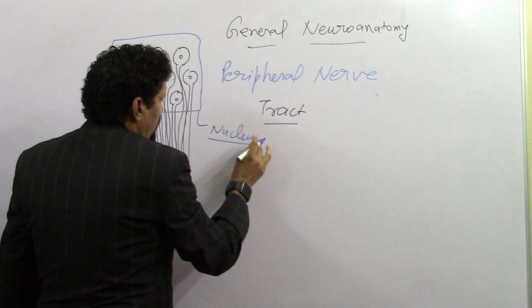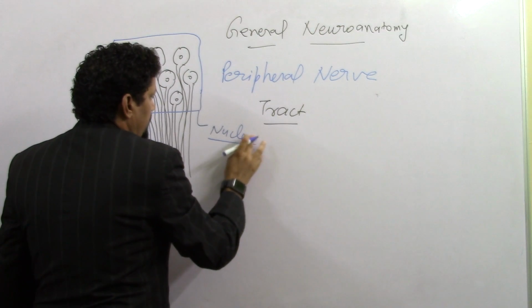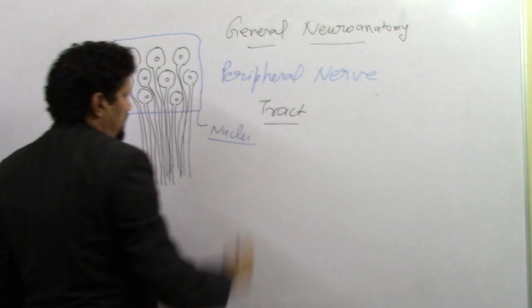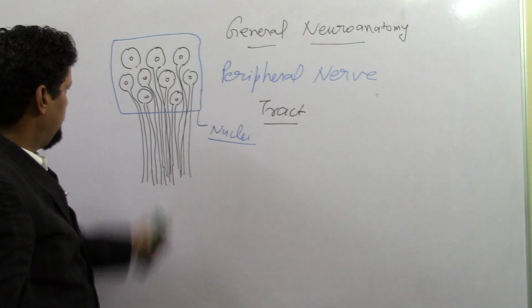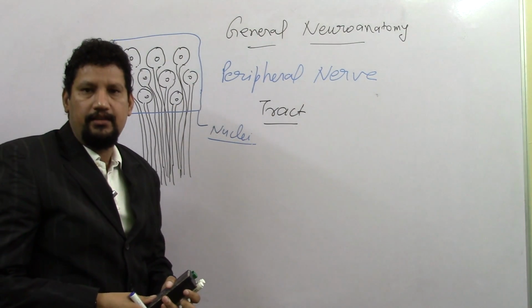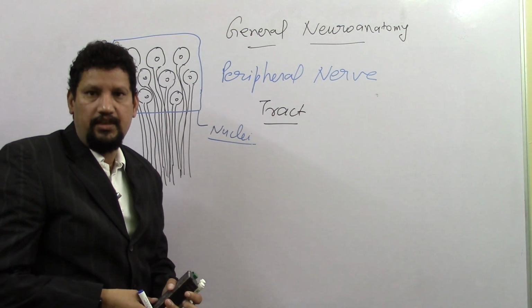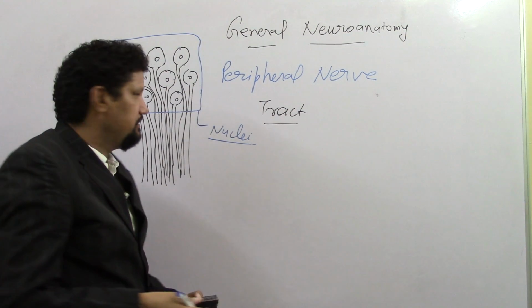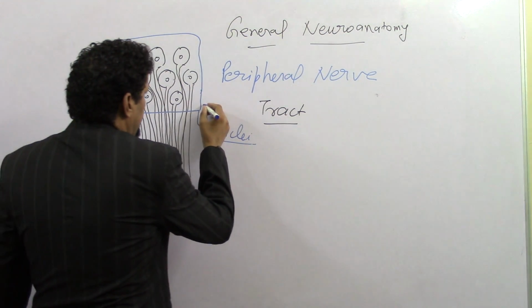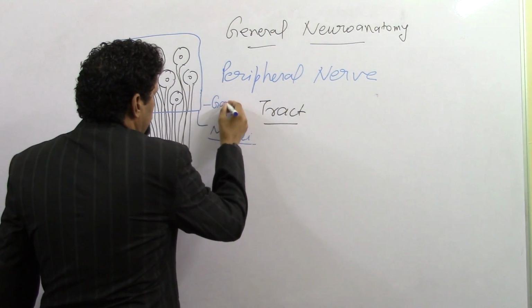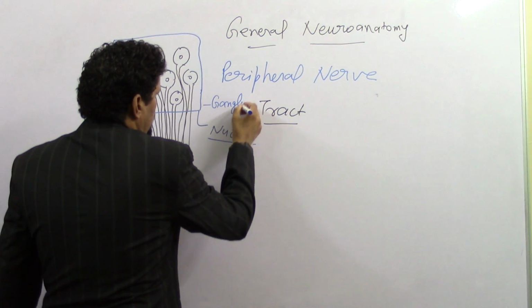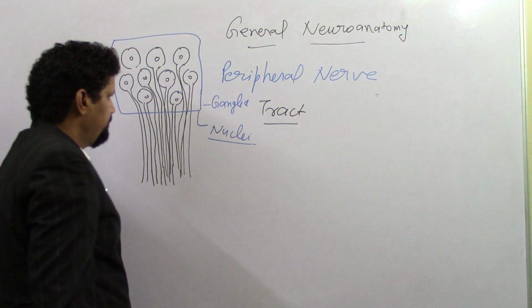Nucleus or nuclei. When this collection of cells is seen in the peripheral nervous system, this collection is known as the ganglia or ganglion.